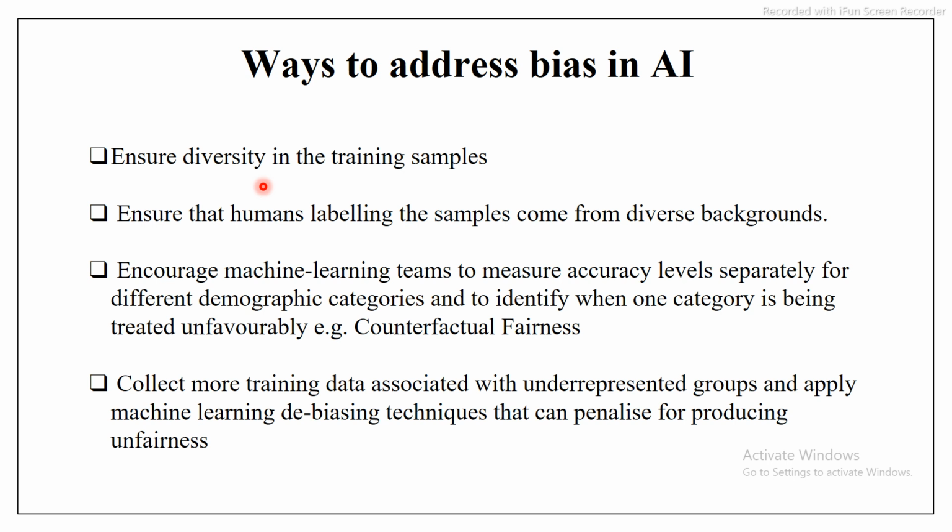Collect more training data associated with underrepresented groups and apply machine learning debiasing techniques that can penalize for producing unfairness, okay. So you have to collect more training data. That is why whenever you are working on a machine learning project, it is advisable to collect more training data.